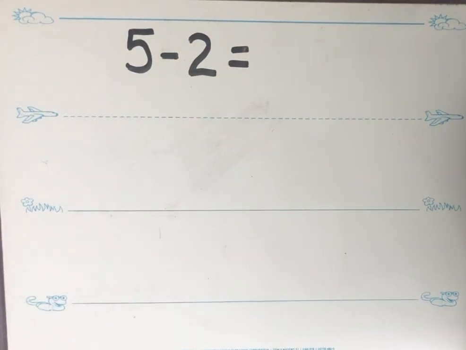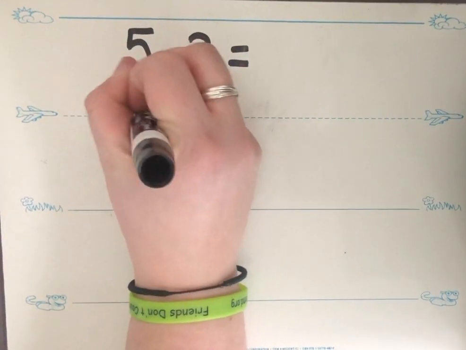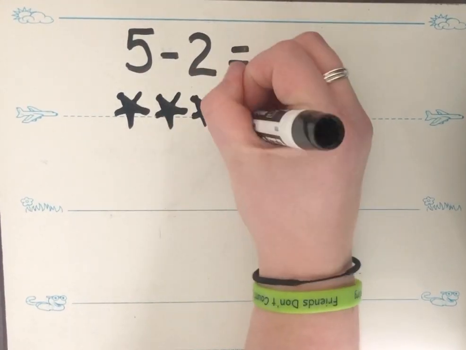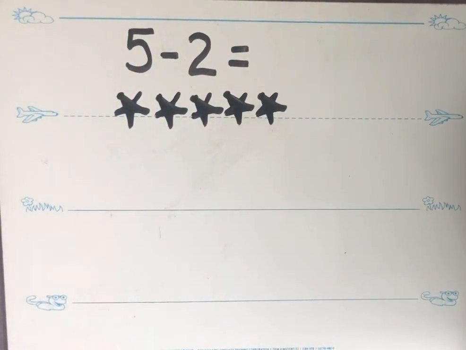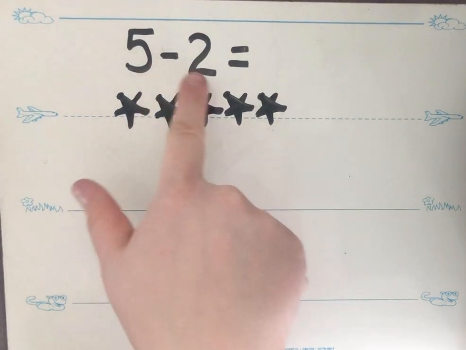The next thing that we like to do is we like to draw pictures. So again, if we were gonna do 5 minus 2, I would start off with drawing some pictures. So I, as the teacher or as the adult teaching this skill, I'm gonna draw 5 stars for them. And then understanding that minus means take away, I'm going to take away 2.